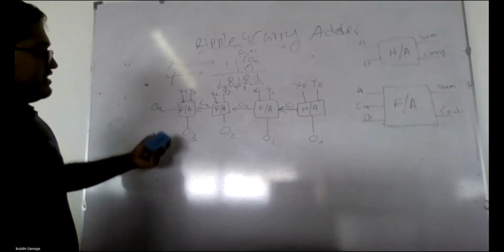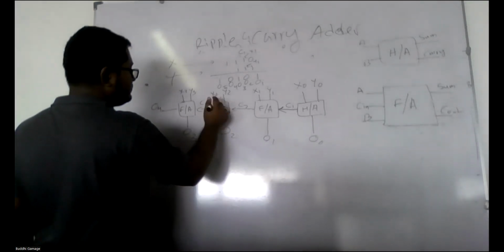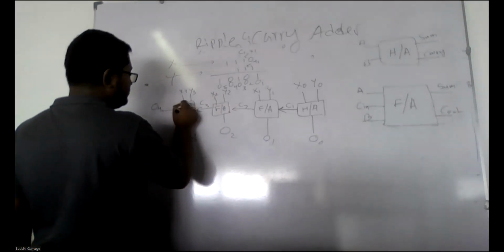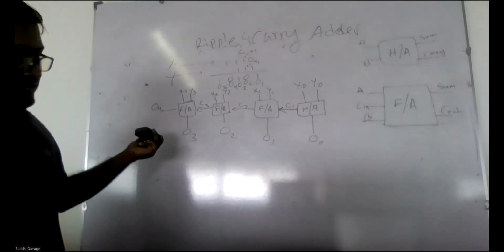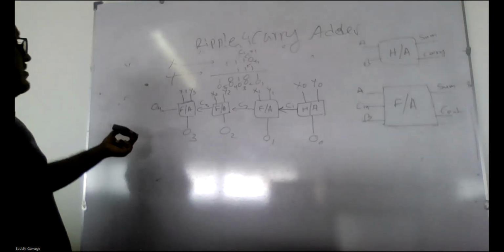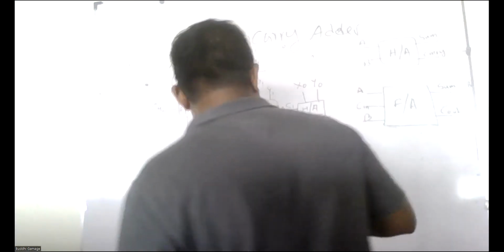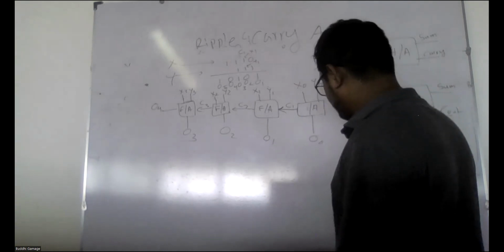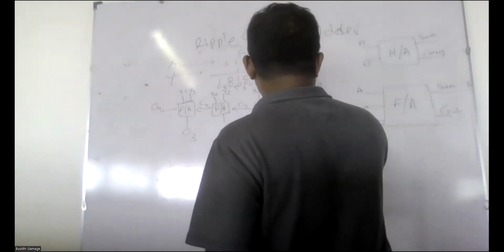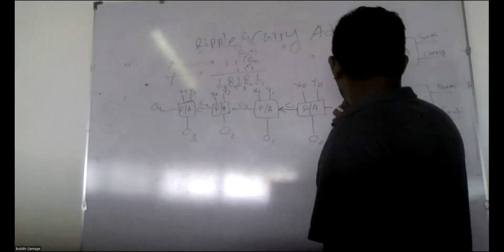So in this circuit, you can see we can add any 4-bit values. The other interesting thing is we can even replace this initial half adder using a full adder also.